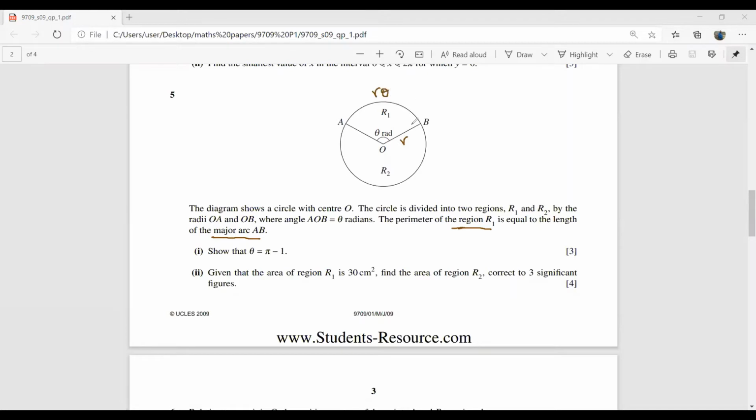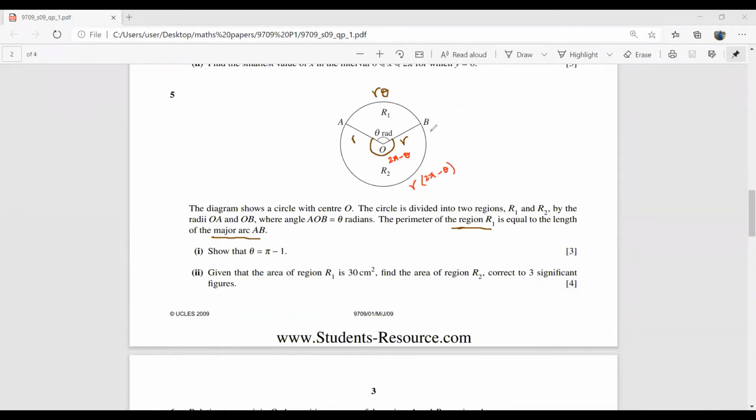This is R. And if this angle is theta, then the angle over here would be 2 pi minus theta. So this major arc would be R into 2 pi minus theta. The major arc is R into 2 pi minus theta, and the minor arc is R theta.